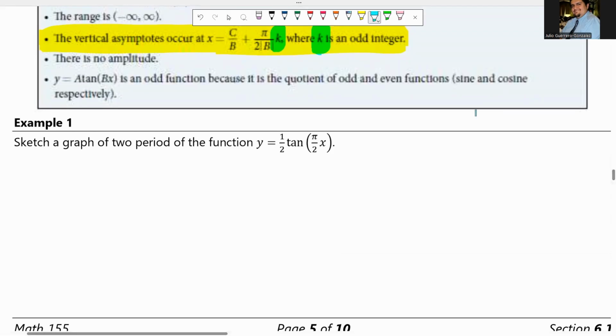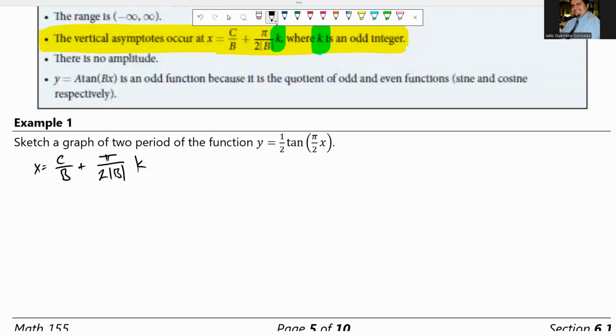Okay, so here we go. The formula for the asymptotes, right? I'm going to rewrite it really quick. x equals C over B plus pi over 2 times the absolute value of B, though we tend to drop the absolute value, times a value K. K has to be odd.